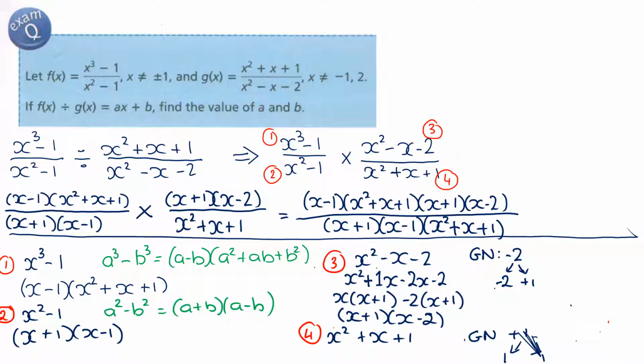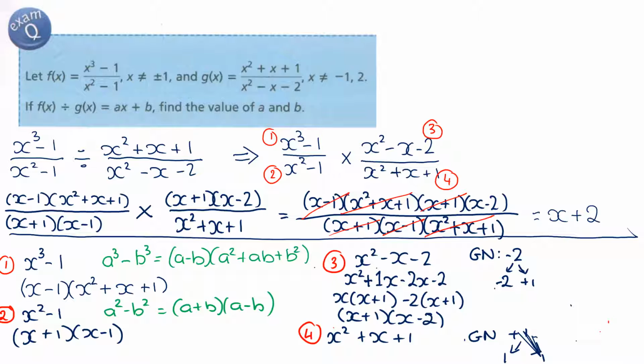Now, if we want to see what we have both above and below the line, there's an x plus 1 and an x plus 1, an x minus 1 and an x minus 1, an x squared plus x plus 1 and x squared plus x plus 1. So that leaves me with just an x plus 2.